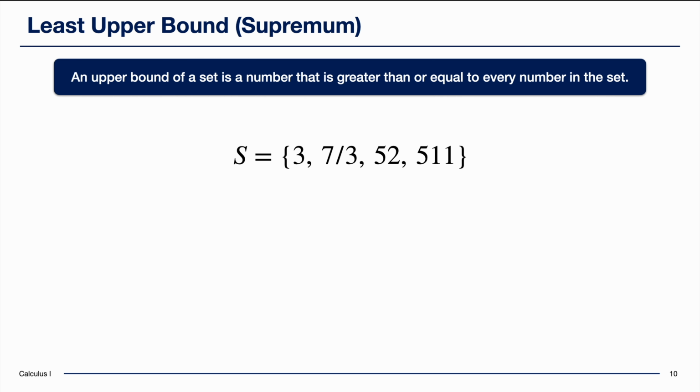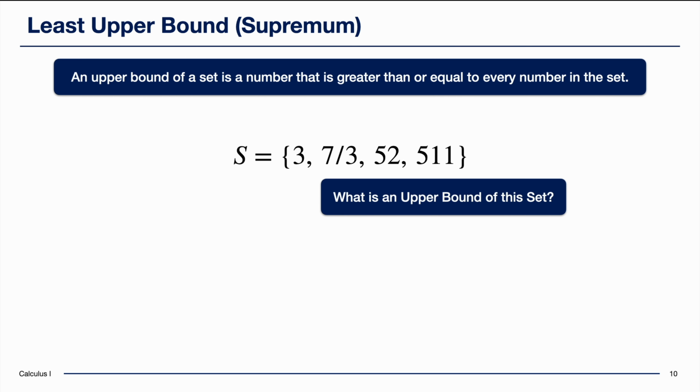Now, what is an upper bound of this set? Well, for example, 5007 is an upper bound because 5007 is greater than 3, it's greater than 7/3, it's greater than 52, and it's also greater than 511.